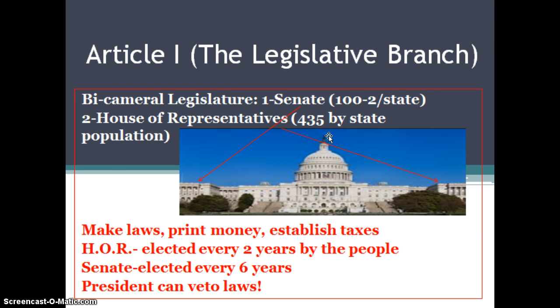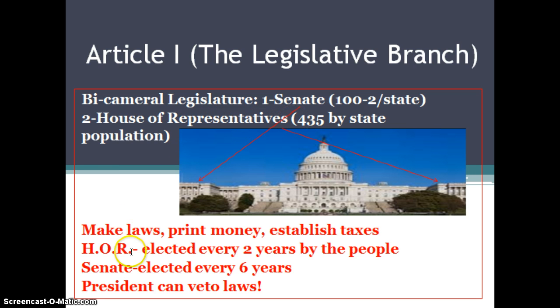Each state has a certain number of representatives based on its population, and as the state's population changes, so will its number of representatives. These 2, the House and the Senate, will work together to make laws, print money, and establish taxes. These are the main functions of your legislative branch. And again, this is a branch of representatives elected by the people for the most part.